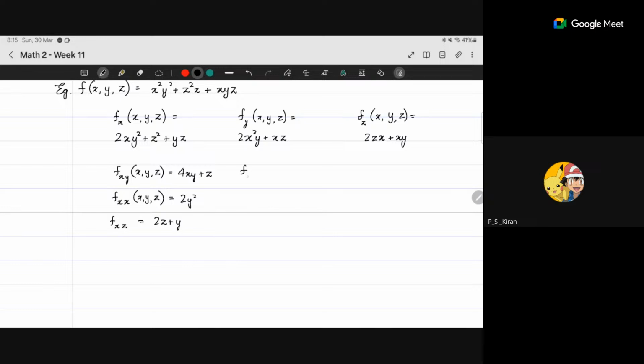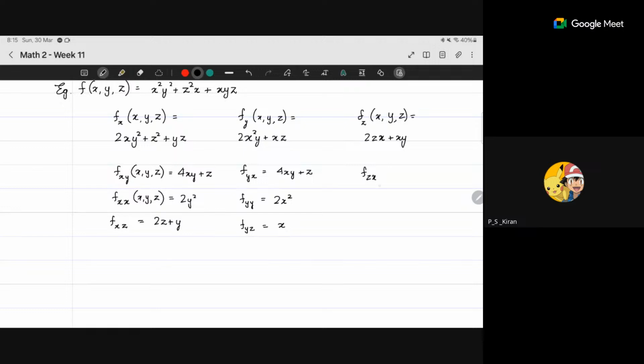Now again, starting with y, I can do f_yx, f_yy, and f_yz. Let me just quickly write that down. That's 4xy plus z. Just verify that everything is being computed properly. This is just that, and this is x.